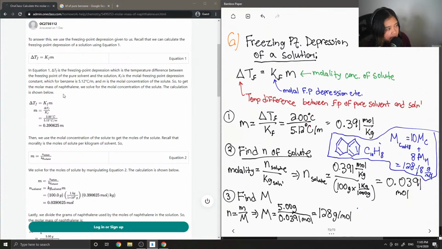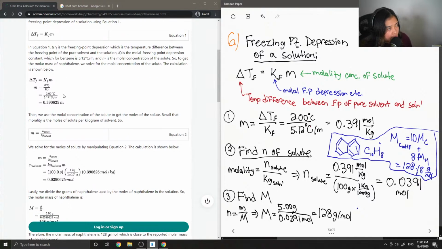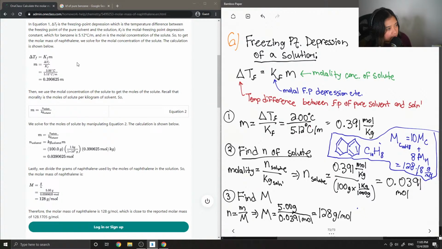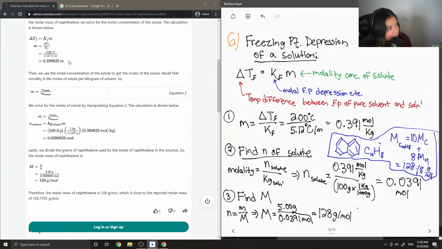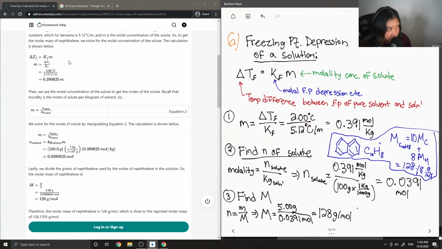For benzene, it's 5.12 degrees Celsius over m. And m is the molal concentration of the solute. So to get the molar mass of naphthalene, we solve for the molal concentration of the solute. Calculation is shown below. So then they also did 2 degrees divided by 5.12 degrees over m and got 0.39.